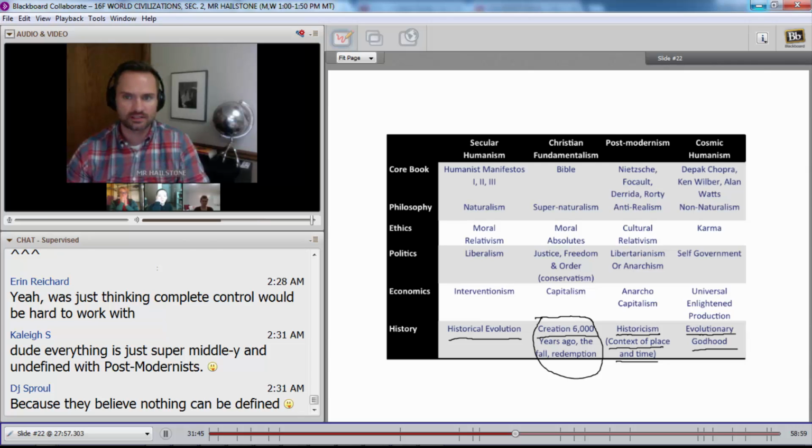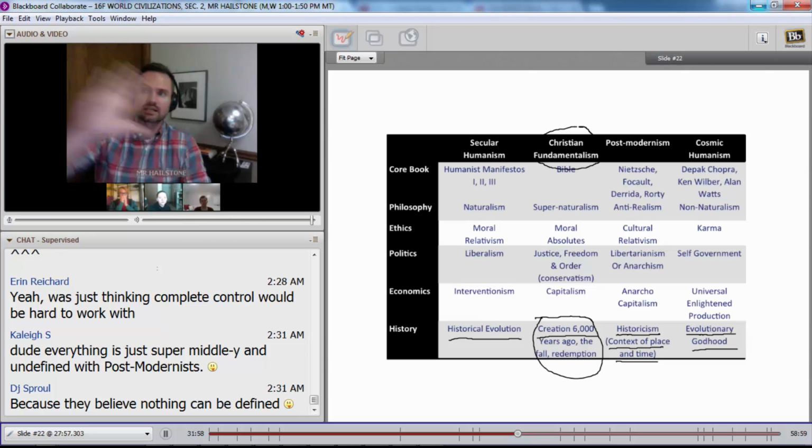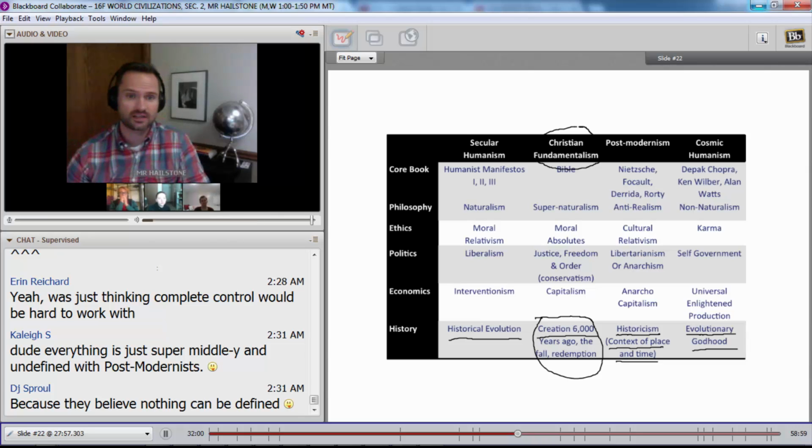So Christian fundamentalists don't really often perceive a big difference between postmodernists, cosmic humanists, and secular humanists, even though there are real differences. They tend to think, it's us Christians and everyone else. And that's not the case with just Christians, right? Secular humanists see Christians and cosmic humanists as kind of foofy-la-la believers, you know what I mean?